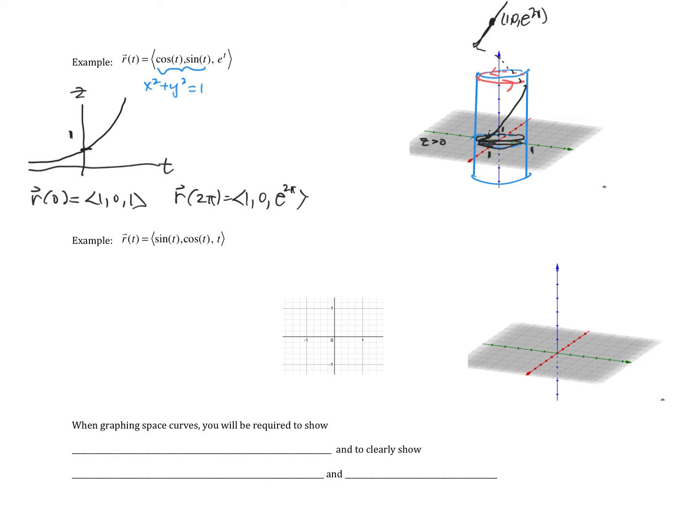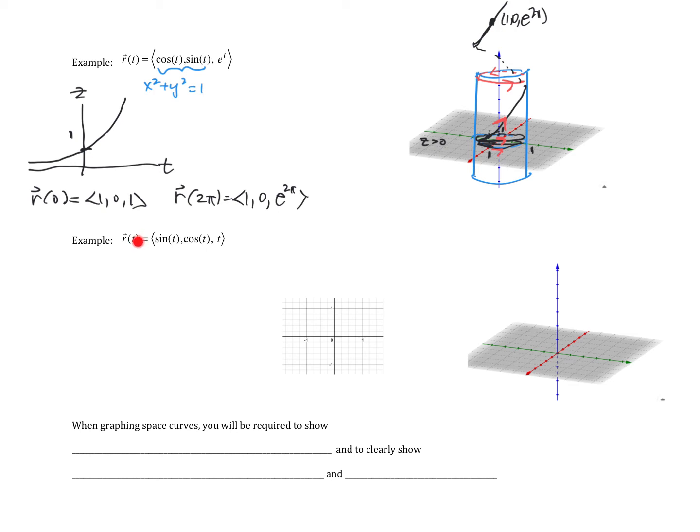Now I drew it going backwards, but it really is going this way. We're going around this way. So it's like a spring that we squish down real tight to the xy plane and then stretch this part out. Okay, so that's just to show you the idea of what's going on with x and y, and then you look at the behavior of z.